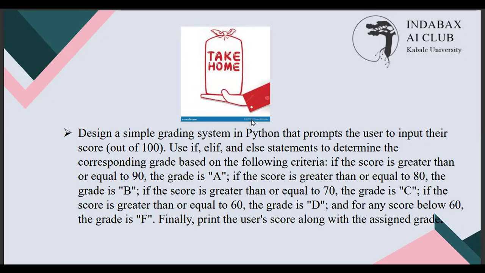If the score is greater than or equal to 90, the grade is A. If the score is greater than or equal to 80, the grade is B. If the score is greater than or equal to 70, the grade is C. If the score is greater than or equal to 60, the grade is D. And for any score below 60, the grade is F. Then finally print the user's score along with the assigned grade.